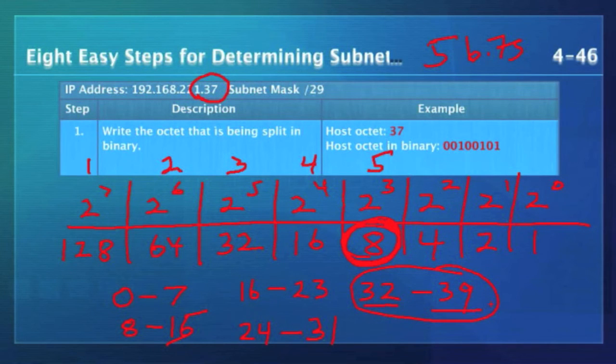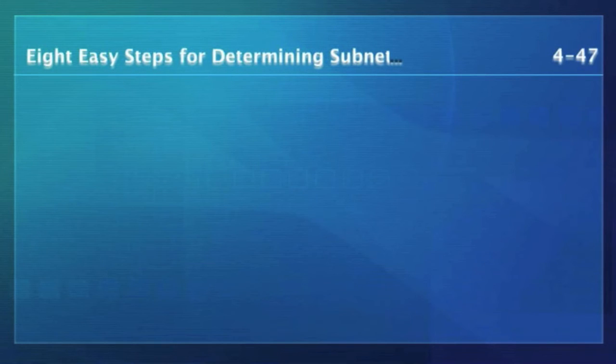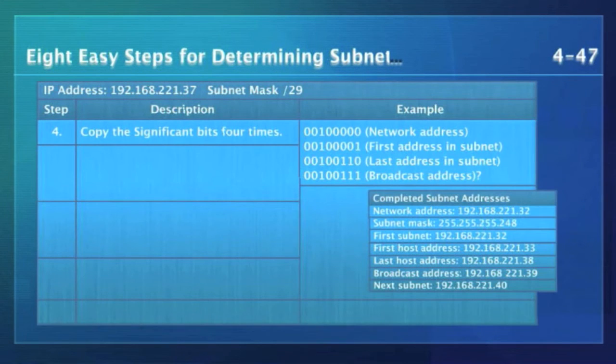The broadcast address is 39. And the next subnet starts at 40. Does all of that check out with what we solved for? It sure does. We live on the 32 subnet. The last usable address is 38. The broadcast is 39. And it starts over on the next subnet at 40.